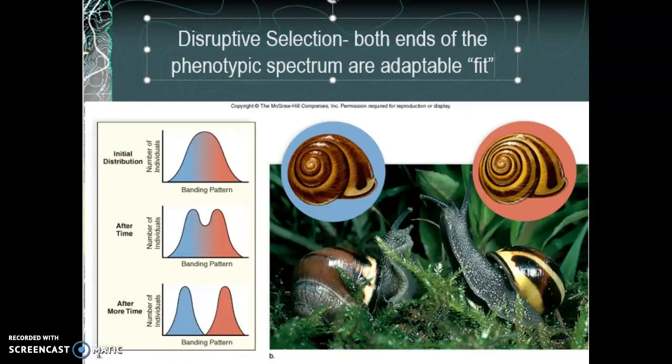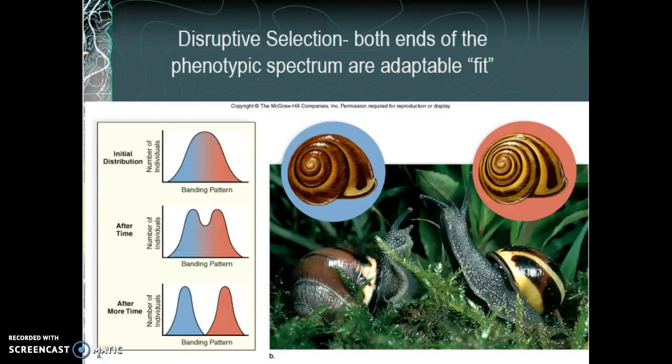Okay, so again, being fit or adaptable is the key to survival. What trait or traits do you have that increases your chances of reproductive success, passing on your genetics, etc.? So when populations undergo disruptive selection, what we often see happening is, for whatever reason, both ends of the phenotypic spectrum are fit. They're both doing really well, but the average individual is not.